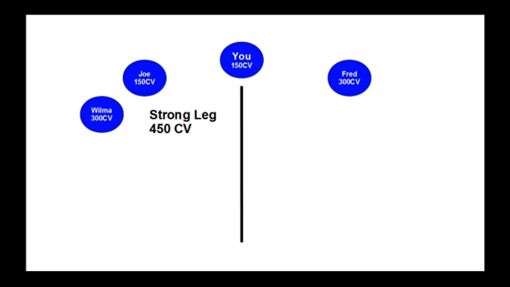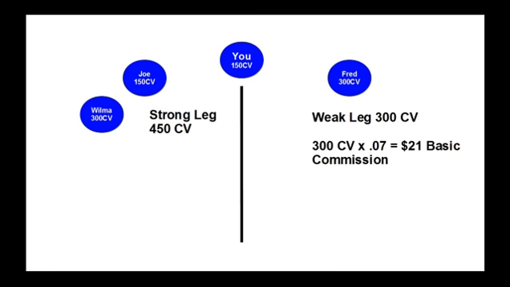But let's say that Joe doesn't do that. We get to the end of the month, and my strong leg is now my left-hand side with 450 CV of volume. My weak leg is my right-hand side with 300 CV of volume. I earned a basic commission of about $21, 7%, and I banked 150 CV of volume on my left-hand side.